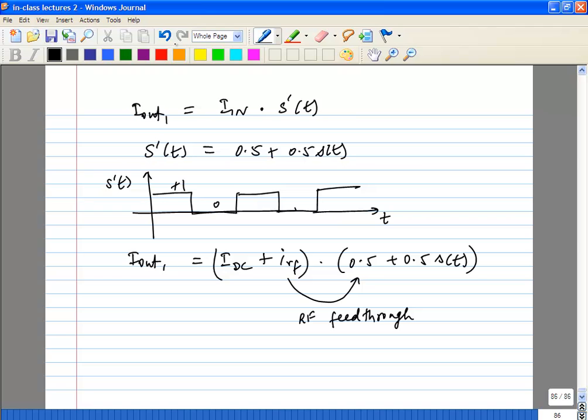So if you look at the differential signal, you won't have this term anymore. The reason I am telling you this is that if the two transistors, two sides are perfectly matched, then you are going to get no RF feed through. But if there is a mismatch between the two sides, then you will get RF feed through in the single balance mixer.